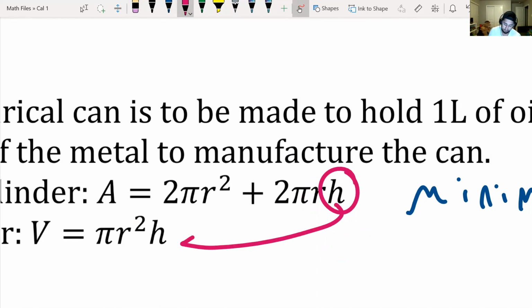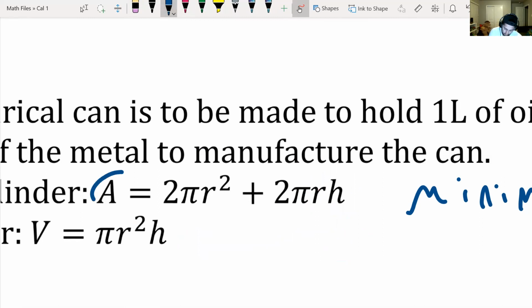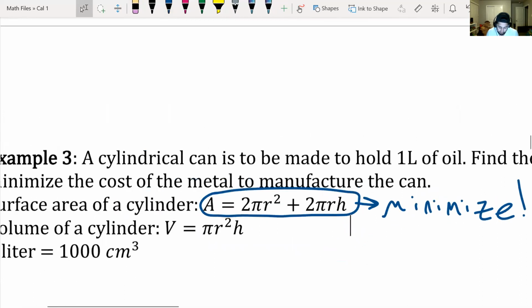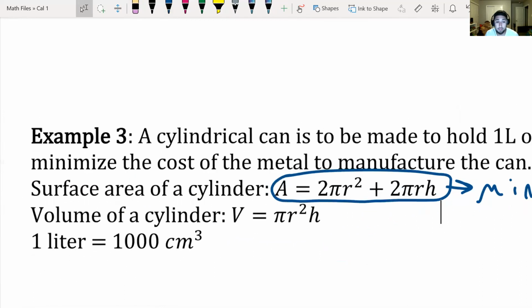And that's where this formula comes in. V equals pi r squared h. Okay, so this is what we want to minimize, okay? All right, so we want to hold 1 liter of oil, and the volume of the cylinder is given by V equals pi r squared h. Also given here is that 1 liter is 1,000 cubic centimeters.